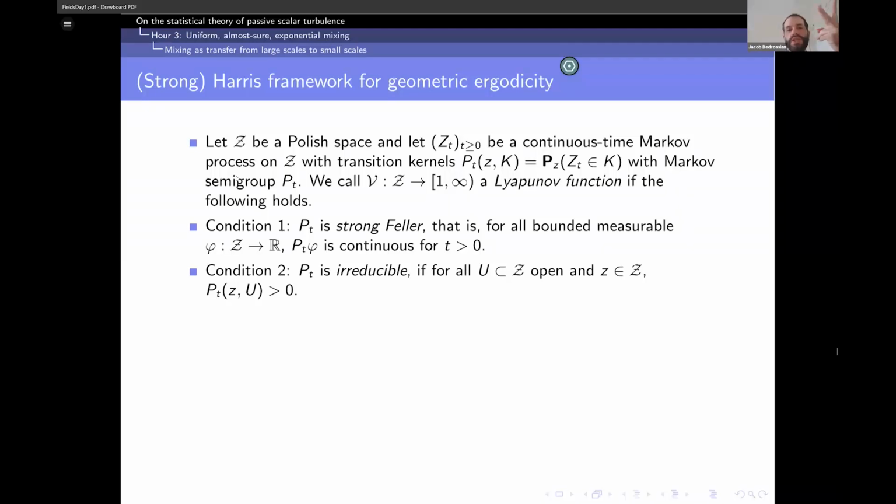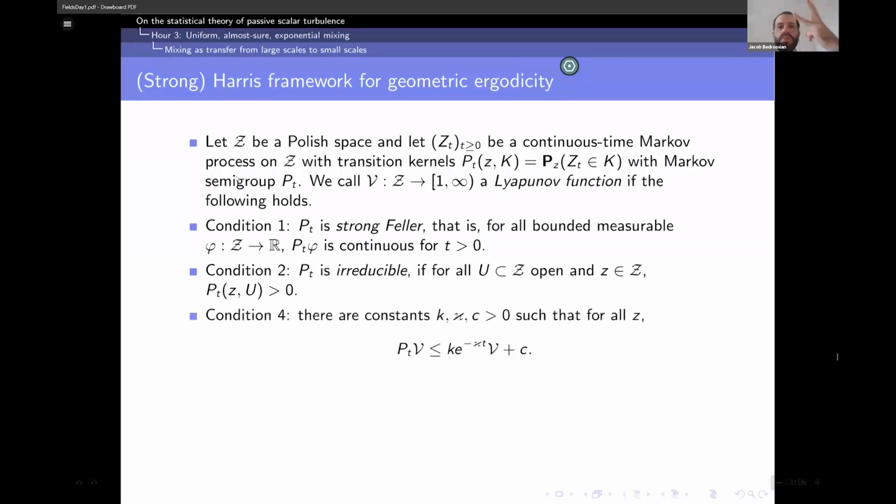Two conditions we've already seen before, which are strong Feller, this regularity property that the Markov semigroup regularizes observables, and irreducibility, which tells you that everywhere in phase space is connected to everything else. Now, the next property is that I have some way of exponentially controlling deviations to infinity. The idea is that V, which is called a Lyapunov function, controls deviations at infinity.